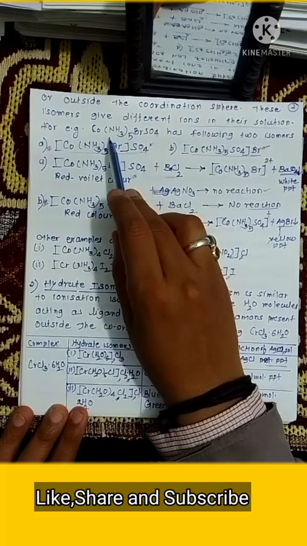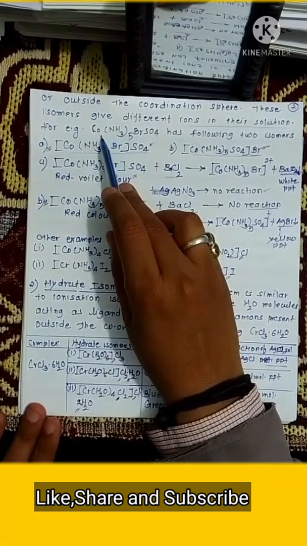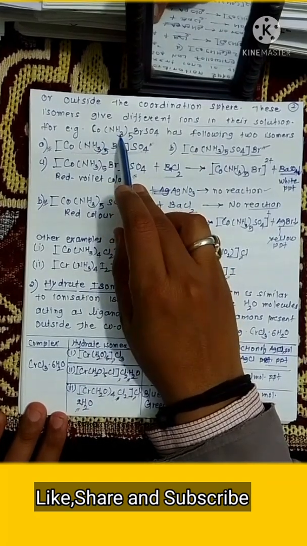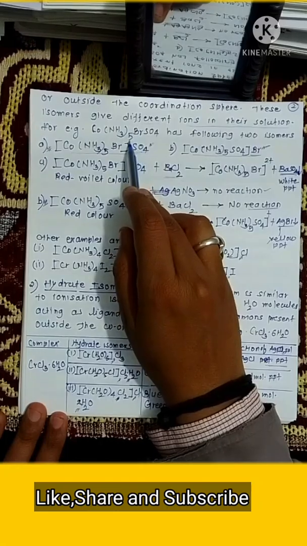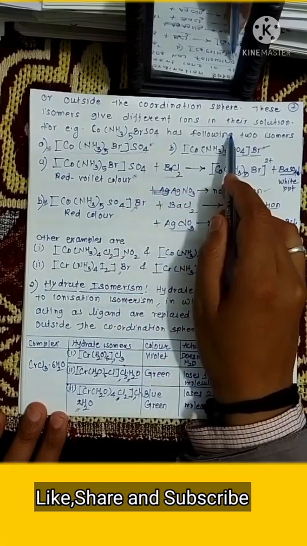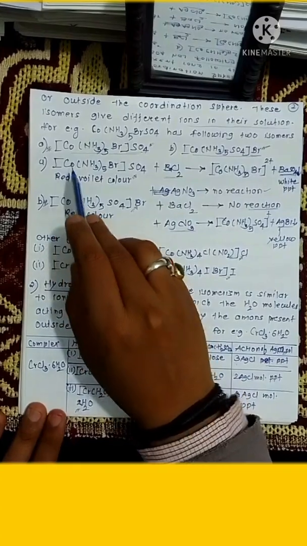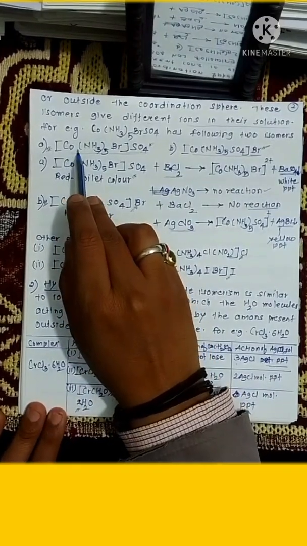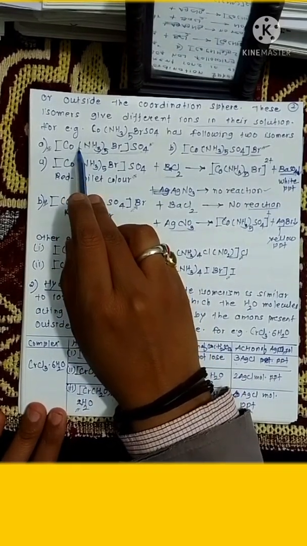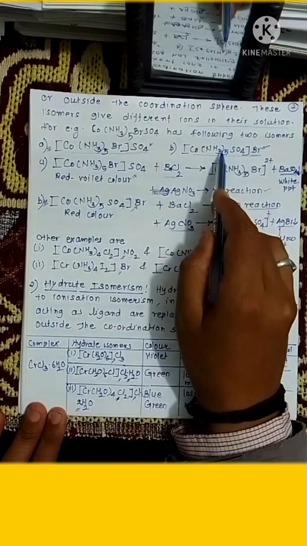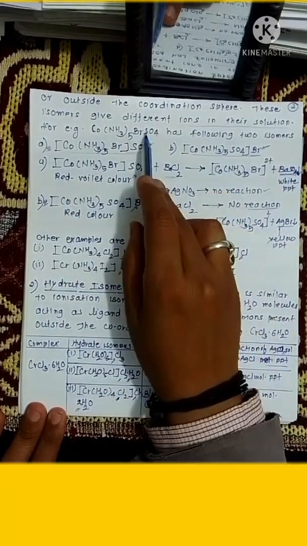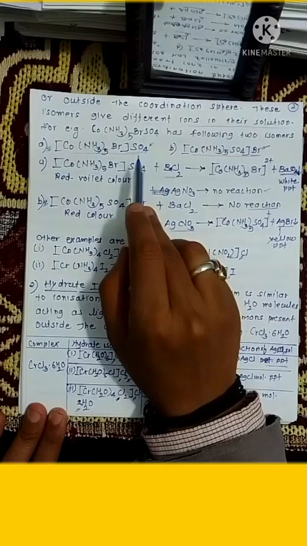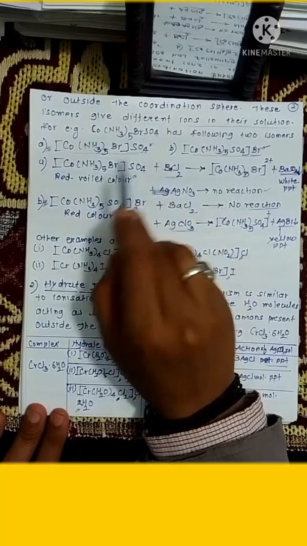Just see this complex, [Co(NH3)5Br]SO4, which has the following two isomers. The molecular formula of this compound and this compound is the same, but their structural formulas are different.